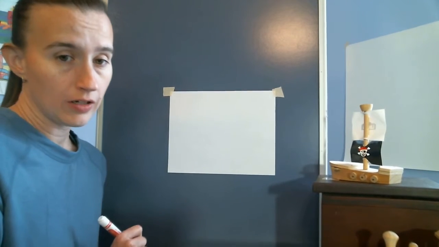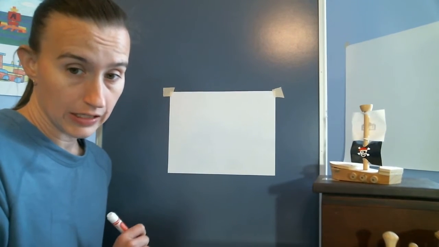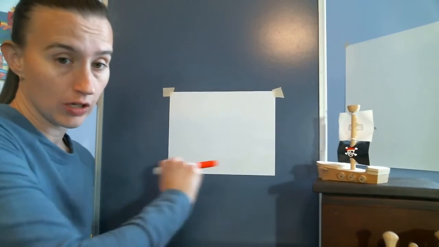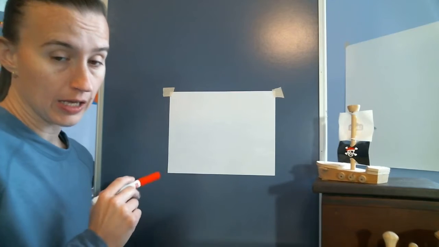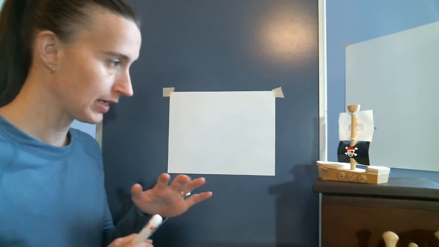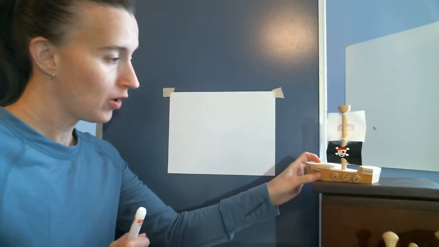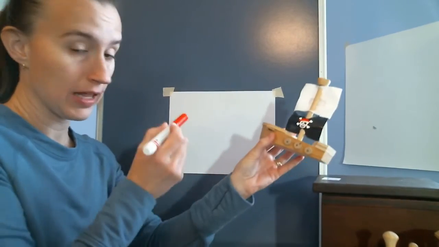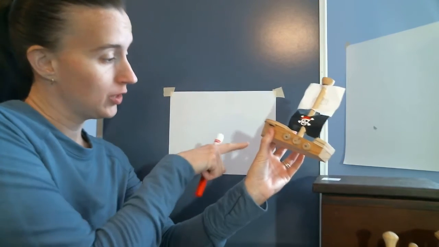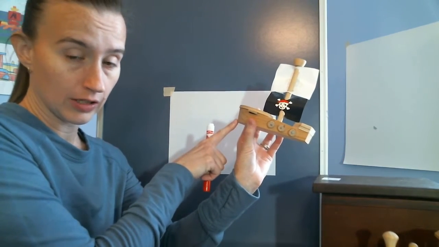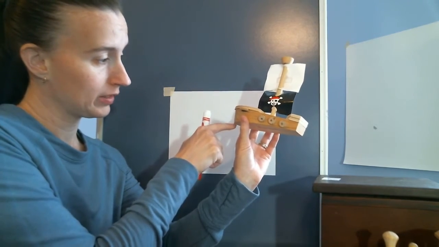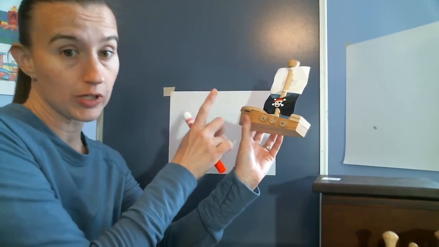So to help us understand what a contour drawing is, I am going to draw this pirate ship using contour lines. The key to drawing using contour lines is to follow the outline of the shape, and then your marker or your pen is going to follow as well. So I'm going to start here, and I'm probably going to end up back at that point coming underneath the ship. Most likely. I might not.